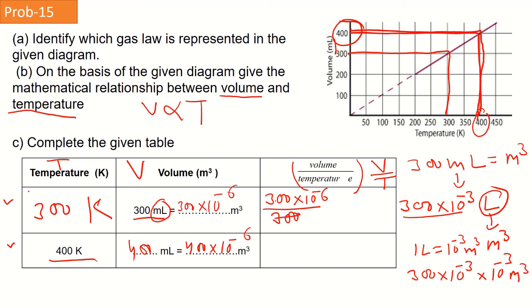So this will cancel, and it is coming 10 to the power minus 6. And here the volume is 400 multiplied by 10 to the power minus 6, divided by the temperature, which is 400 Kelvin. So this 400 cancels, and here it is coming 10 to the power minus 6. This way you have to fill the table. Thank you very much.